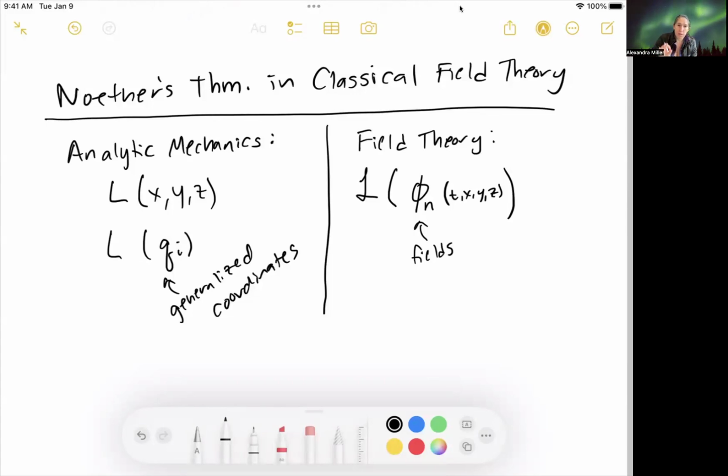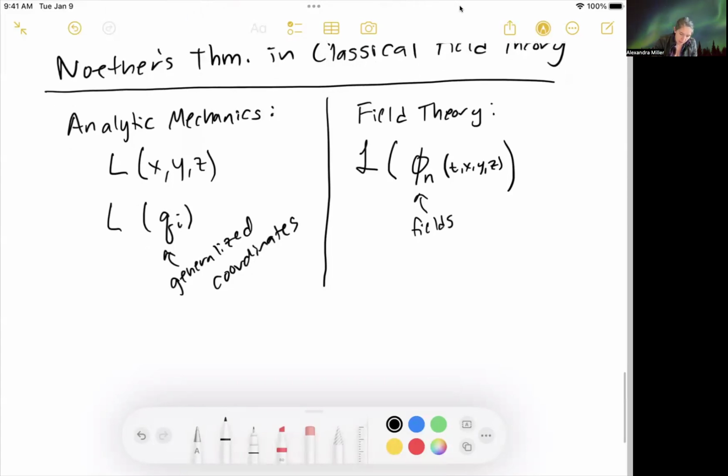Our Lagrangian was a function of our coordinates. And again, Euler-Lagrange has you varying the Lagrangian with respect to the coordinates, and I guess their derivatives.